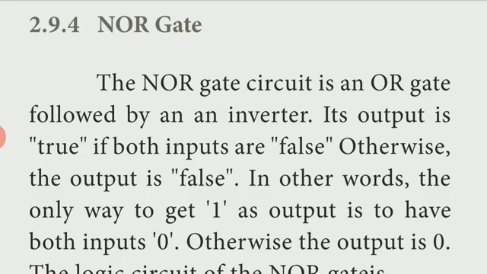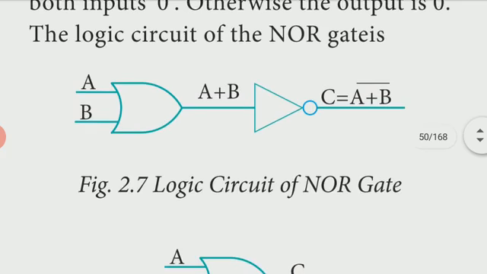Now, how it works in the NOR gate: if all the inputs are false, then the result becomes true. If any one input or all the inputs are true, the result becomes false. This is the concept.